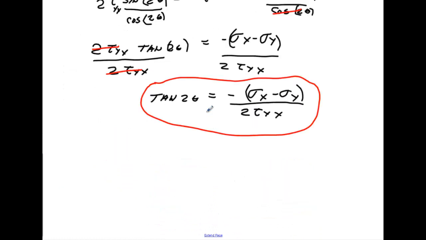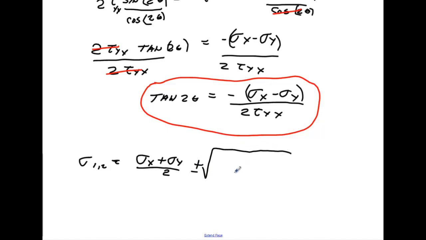Now, the only other equations you can get from this, and we get this from substitution, I'm not necessarily going to go through the mathematics, but if you want to find out the max or min principal stresses, then you can say this is going to equal the normal of x plus the normal y over 2, plus or minus the square root of the normal of x minus the normal y over 2, squared, plus the shear squared.